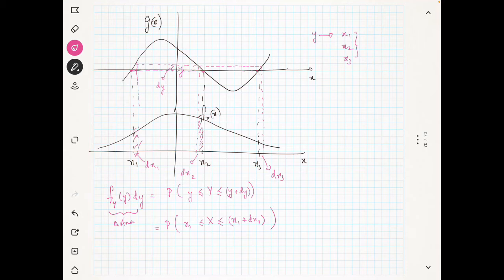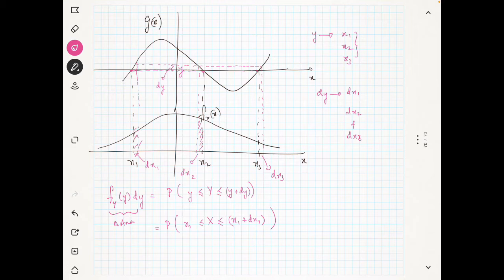So your dy is coming from dx1, then it is coming from dx2 and dx3, right? So three things. That's why fy of y into dy is nothing but the probability that y takes the value between y and y plus dy.